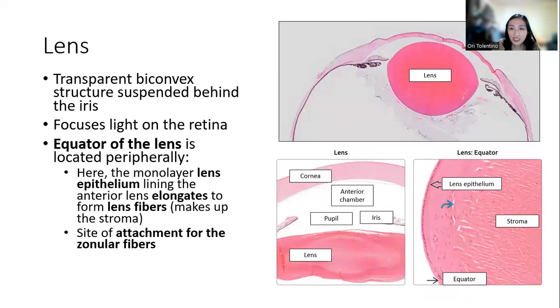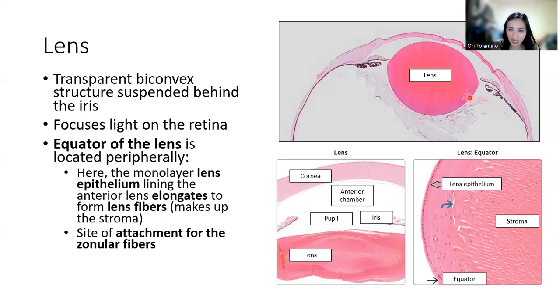Not a part of these three layers actually is the lens. It is located suspended in the anterior middle eye. It is a transparent biconvex structure which is suspended behind your iris, which focuses the light that comes into the retina at the back.